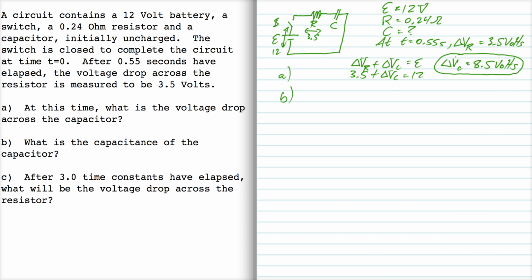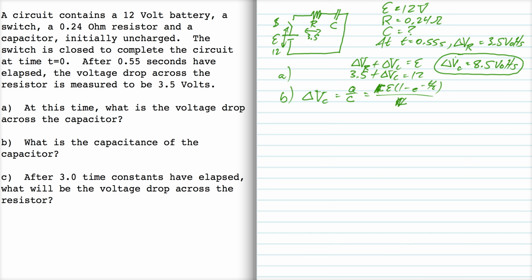I guess there's a lot of ways to approach this. I'll go ahead and do the capacitor, right? The voltage drop across the capacitor, that's Q over C. Now Q is C times the EMF times 1 minus e to the minus t over RC.